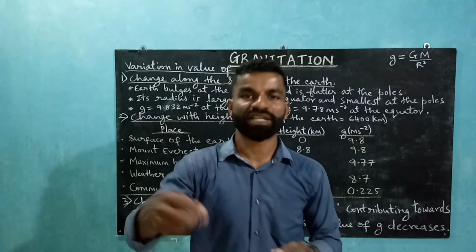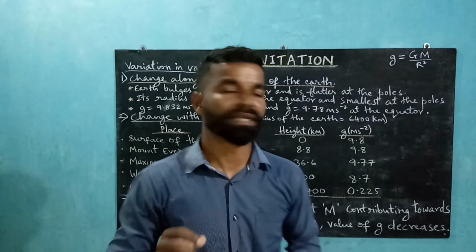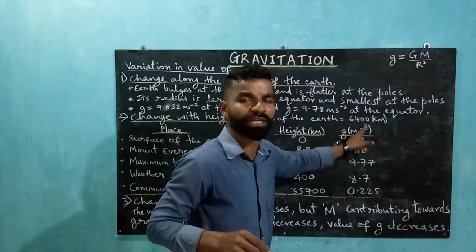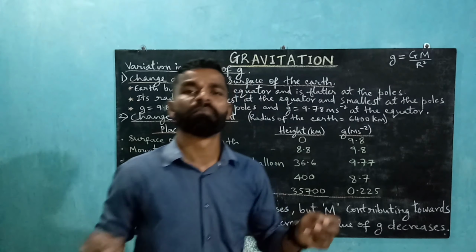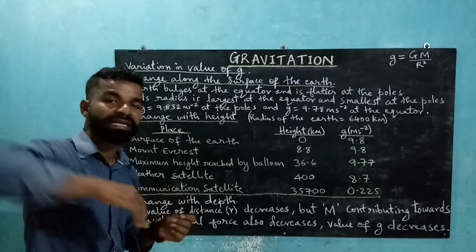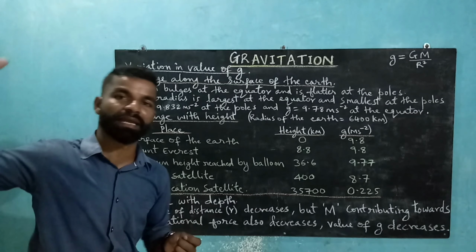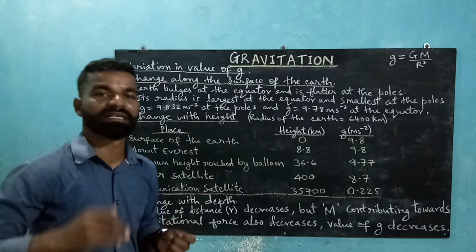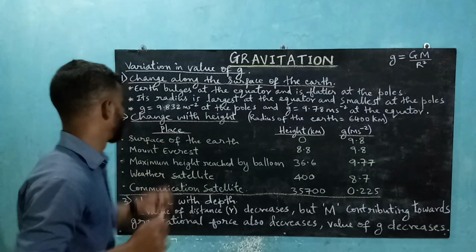The extra height will be only 10 kilometers, so it's not going to make much difference. 6,410 kilometers, it's not going to make much difference. But if the height is more, like of satellites and all, then it is going to make a difference. The value of g, acceleration due to gravity, will reduce.